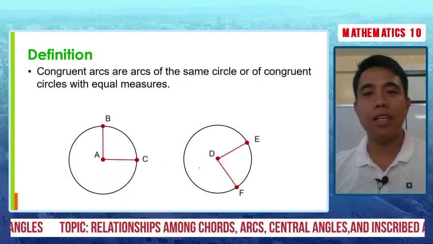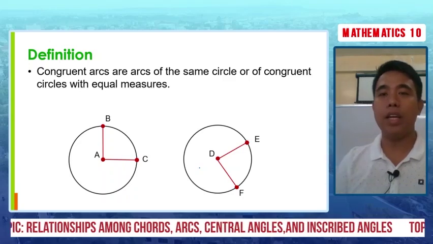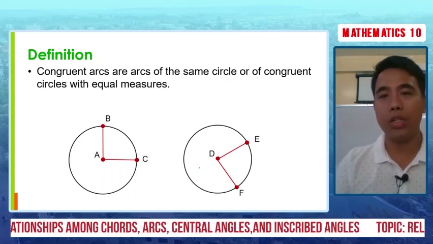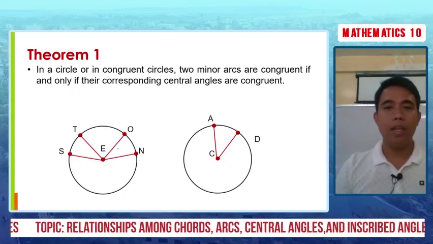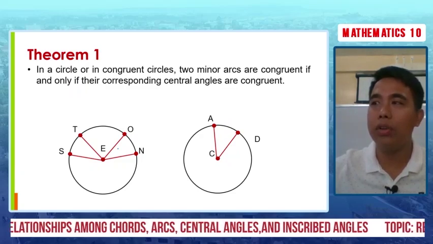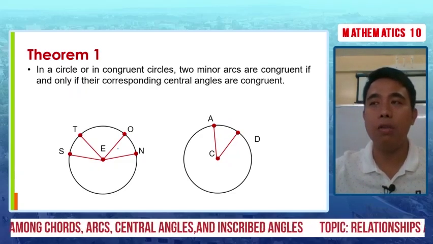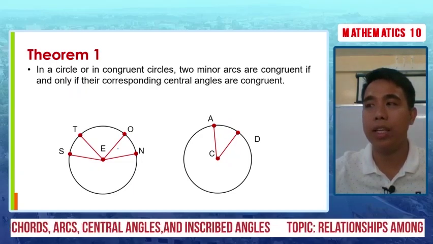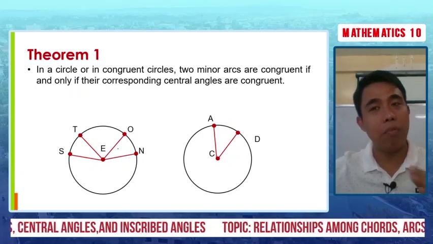Congruent arcs are arcs of the same circle or of congruent circles with equal measure. So, let's have Theorem 1. In Theorem 1, it says there, in a circle or in congruent circles, 2 minor arcs are congruent if and only if their corresponding central angles are congruent. So, theorem, kailangan nating i-prove ito.